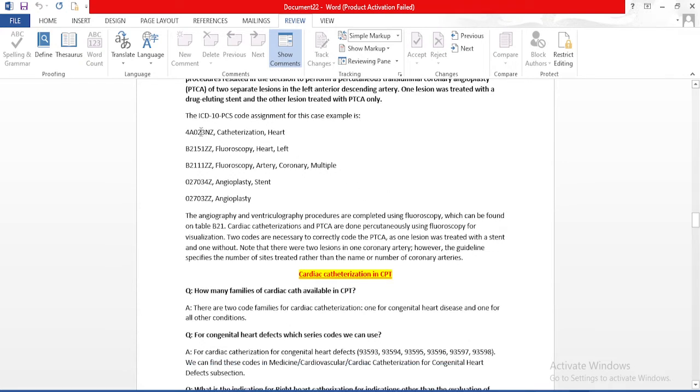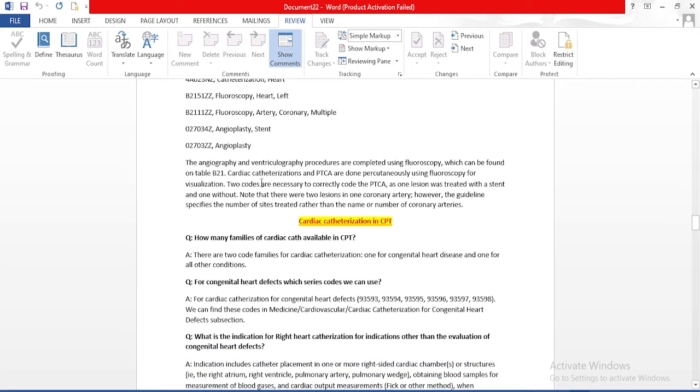The codes are as follows. First, heart catheterization, fluoroscopy left heart, fluoroscopy artery. Here the angiography and ventriculography procedures are completed using fluoroscopy, which can be found on table B21. Cardiac catheterization and PTCA are done percutaneously using fluoroscopy for visualization.